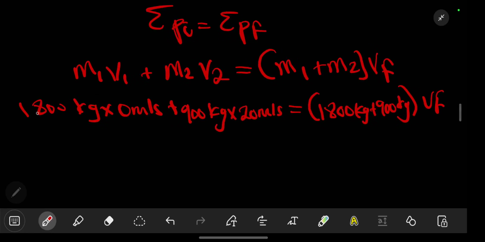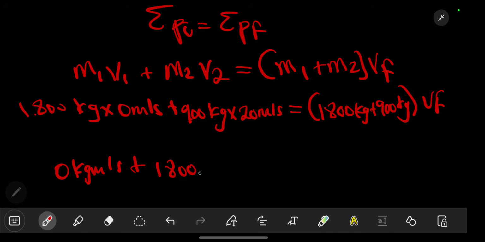So 1800 times 0 is 0 kg meters per second, plus 900 times 20, which gives us 18,000.